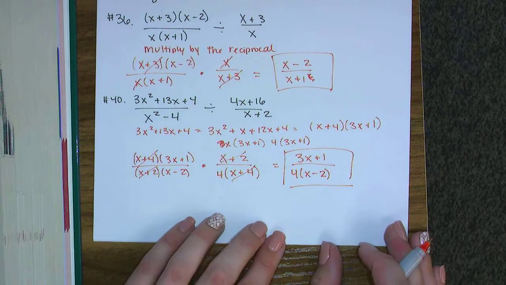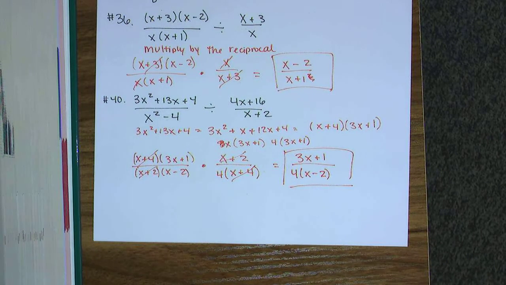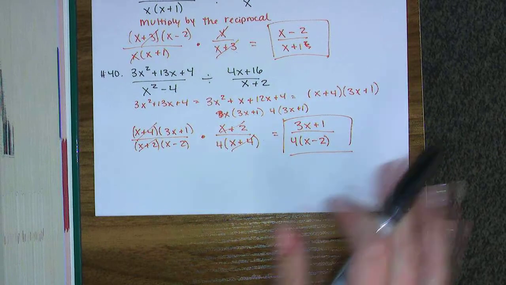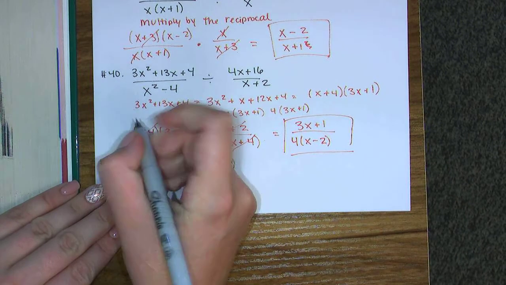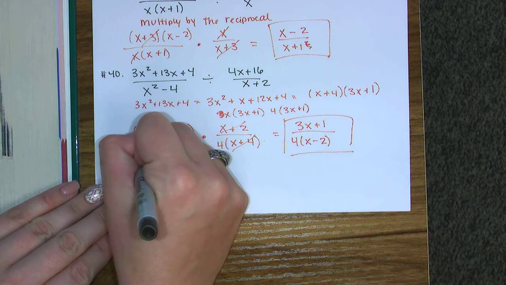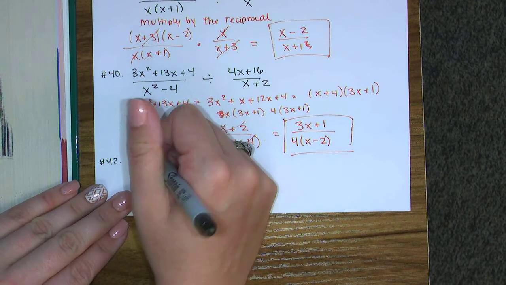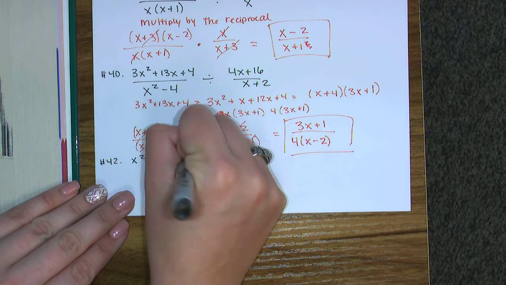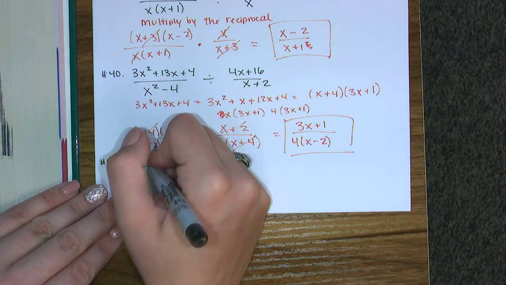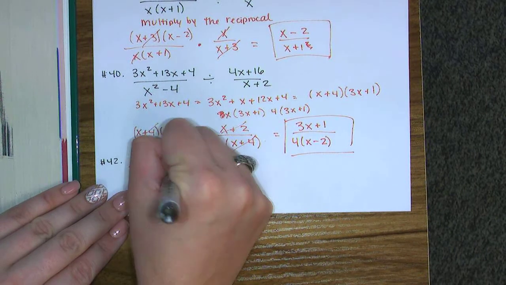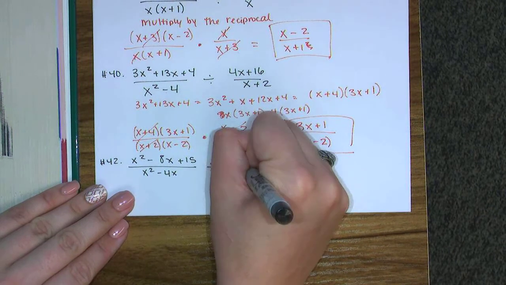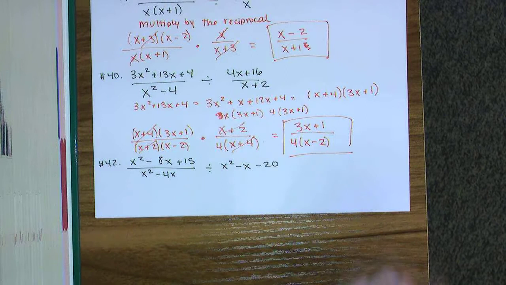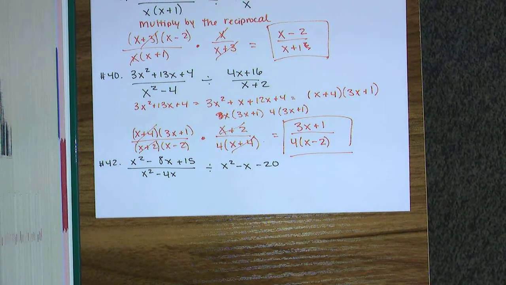And then see if I can wedge 42 in here at the bottom of the page. So 42: x squared minus 8x plus 15 over x squared minus 4x, divided by x squared minus x minus 20.